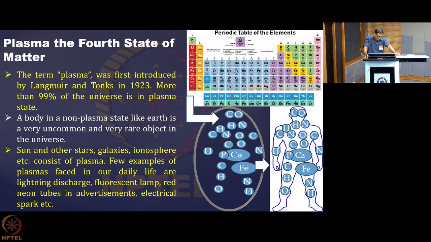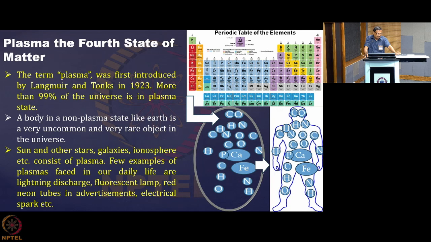Sometimes I tell you to look at the periodic table, where there are more than 100 elements, as you can see in the upper right corner. Now, if we say that all these elements are alive, you may not agree.